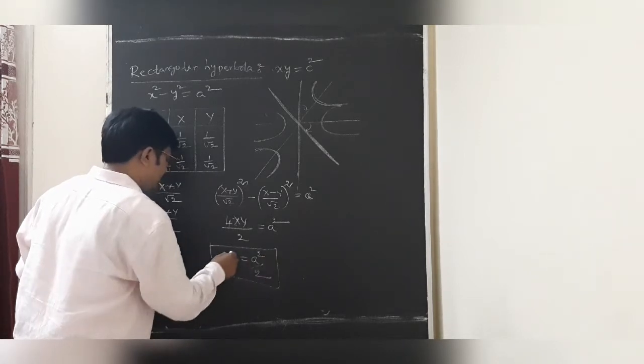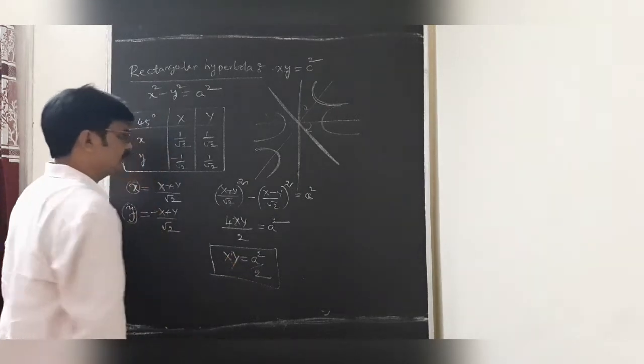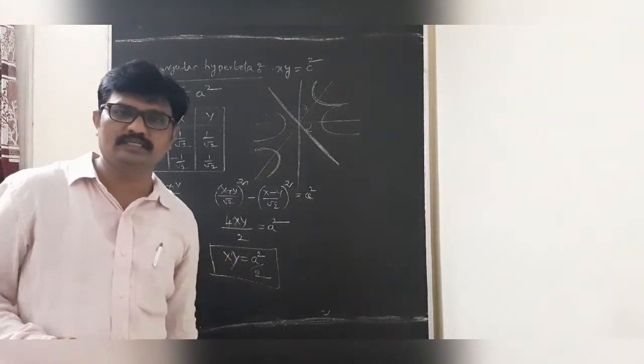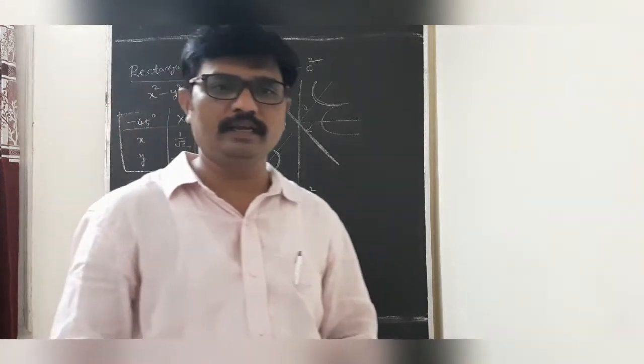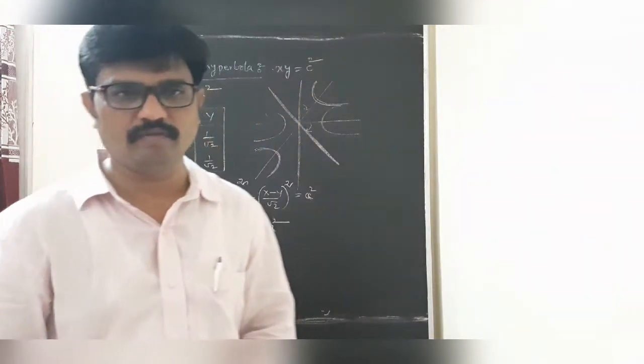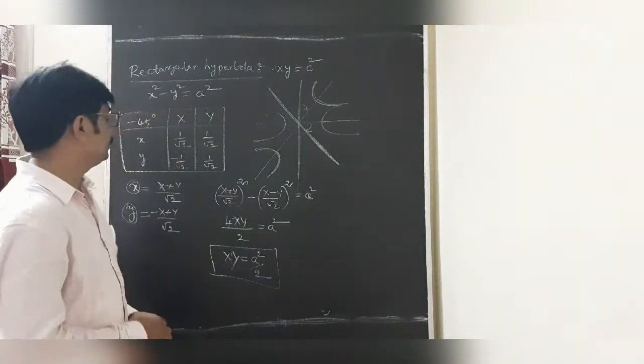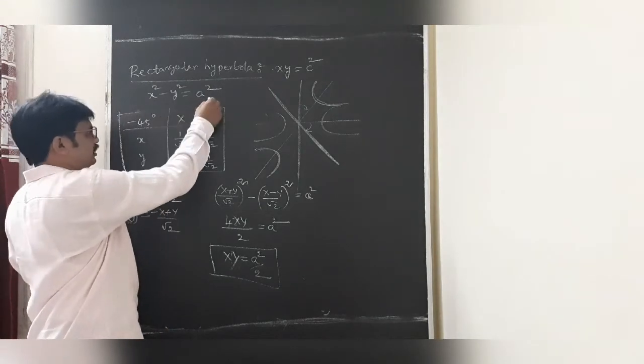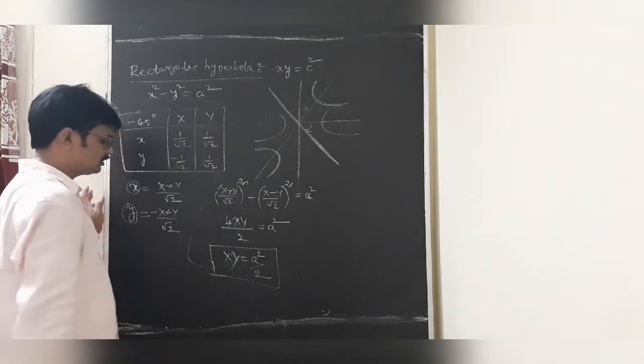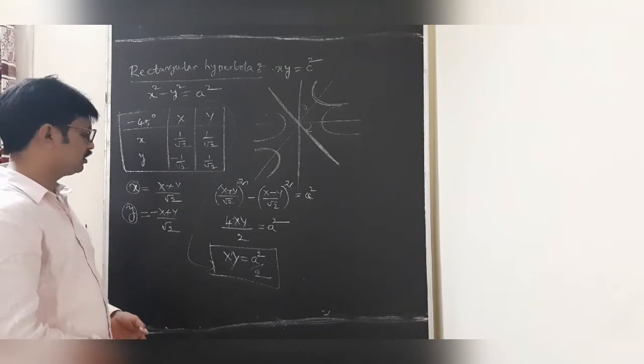We compare this with xy equal to c square. My dear students, when the axes are rotated through an angle of 45 degrees in the clockwise sense, the equation x square minus y square equal to a square is transformed to xy equal to a square by 2.